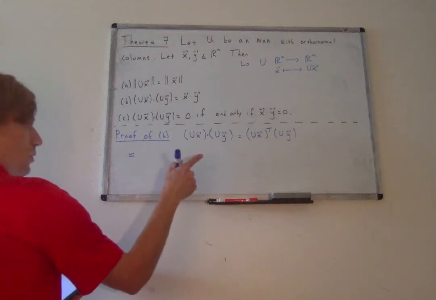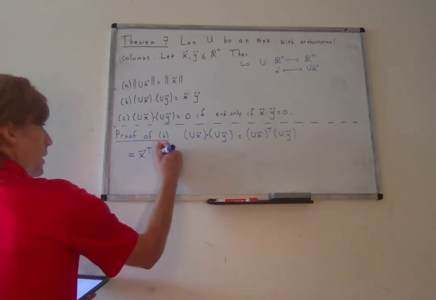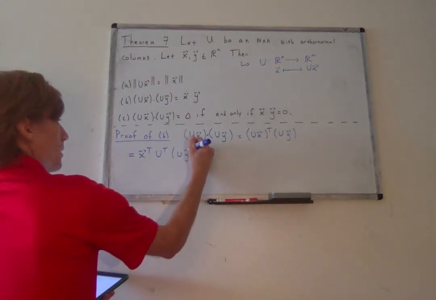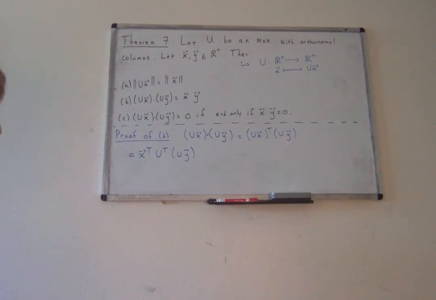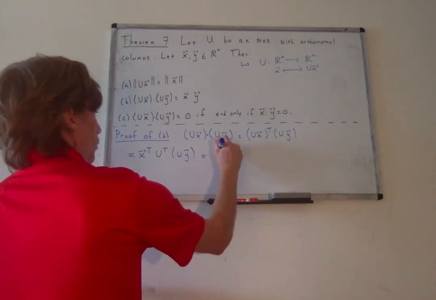But that is equal to, by the properties of transposes, I can distribute the transpose through and say that this is equal to x transpose U transpose times U y. But then I can just get rid of these parentheses here.